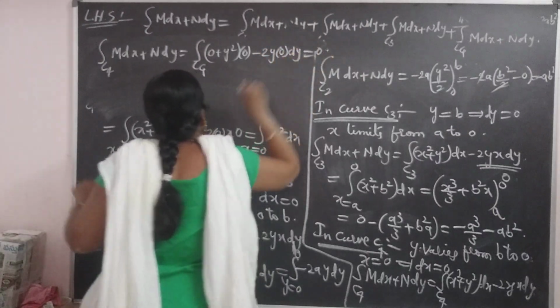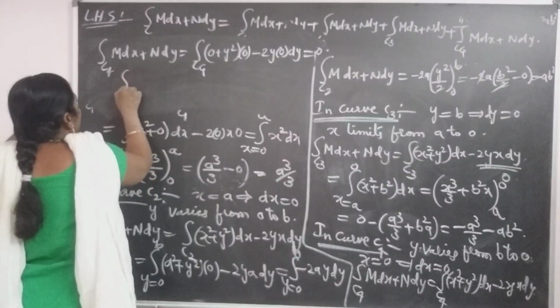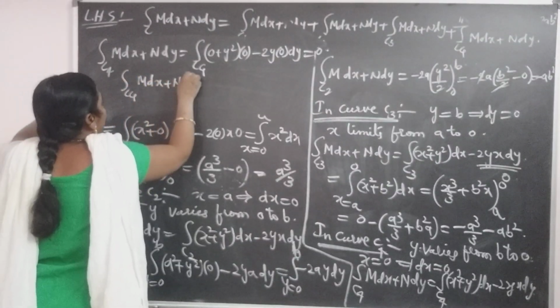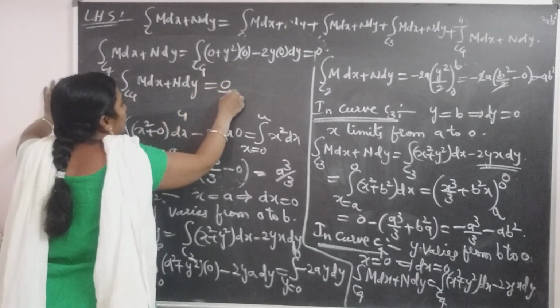It is 0. So the integral over C4 of m dx plus n dy is equal to 0.